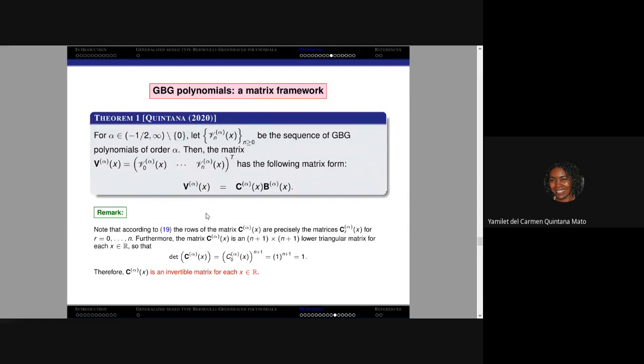Therefore, this lower triangular matrix has a determinant, and its determinant is equal to 1. So the matrix C alpha X is a non-singular matrix for each X in R, each X a real number.